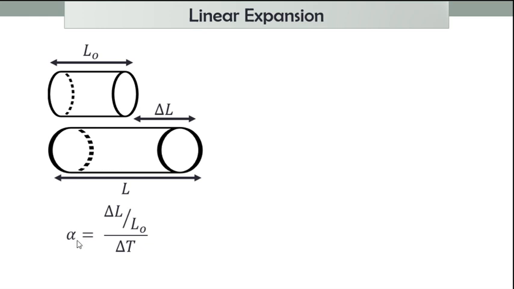So alpha, or the coefficient of linear expansion, is equal to the change in length for every initial length divided by change in temperature.